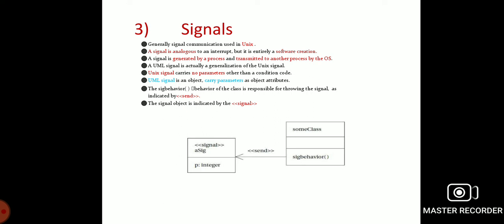So in this lecture we discussed the interprocess communication mechanisms, how to communicate from the CPU to other peripheral devices, such as interprocess communication, shared memory, message passing and signaling methodologies.